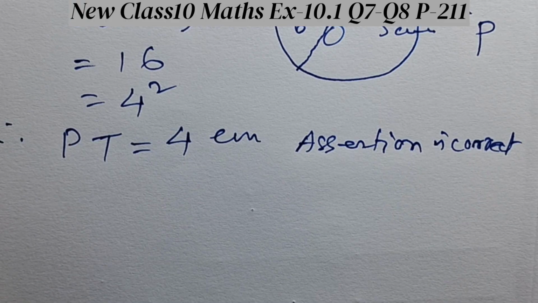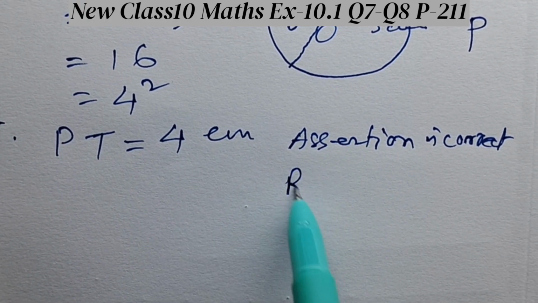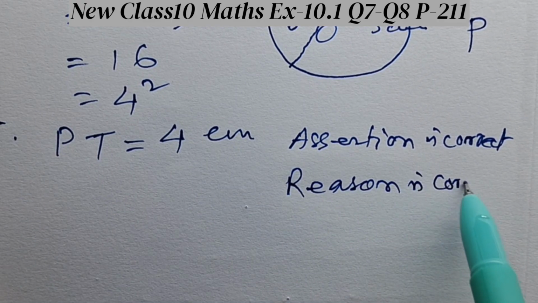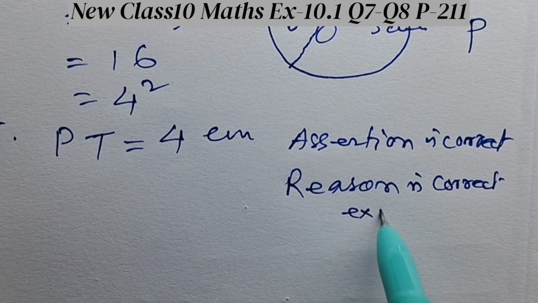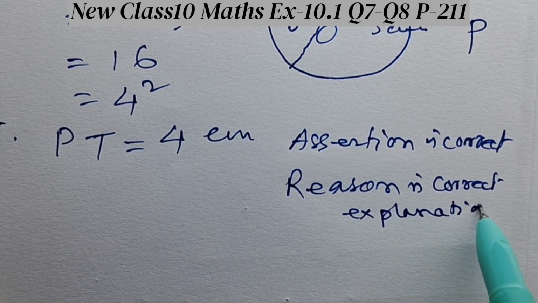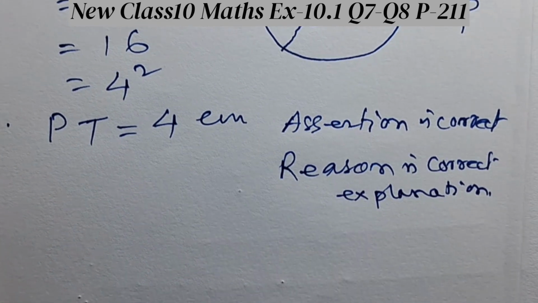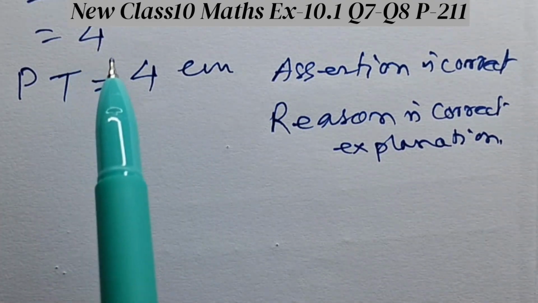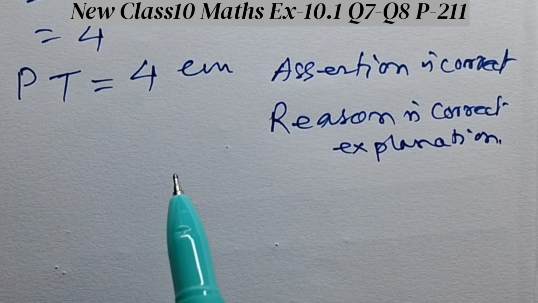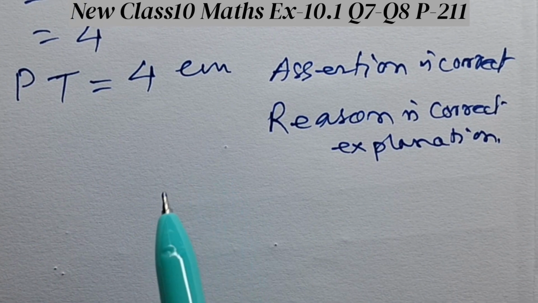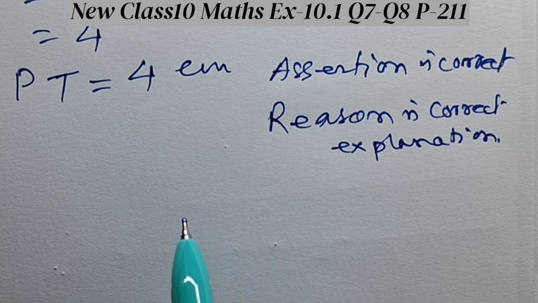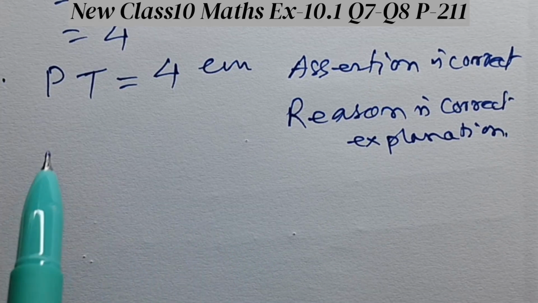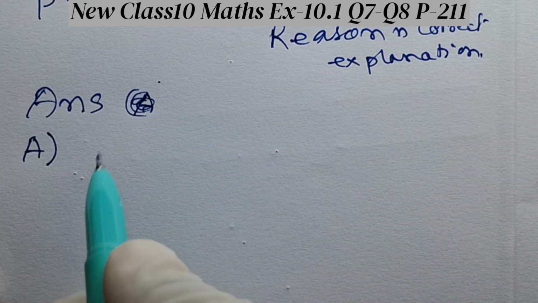So the reason is also the correct explanation. There are 4 options given. Option A says the assertion is correct, and the reason is the correct explanation of the assertion. Yes, it is. The others are not true in any sense, so the correct answer is option A.